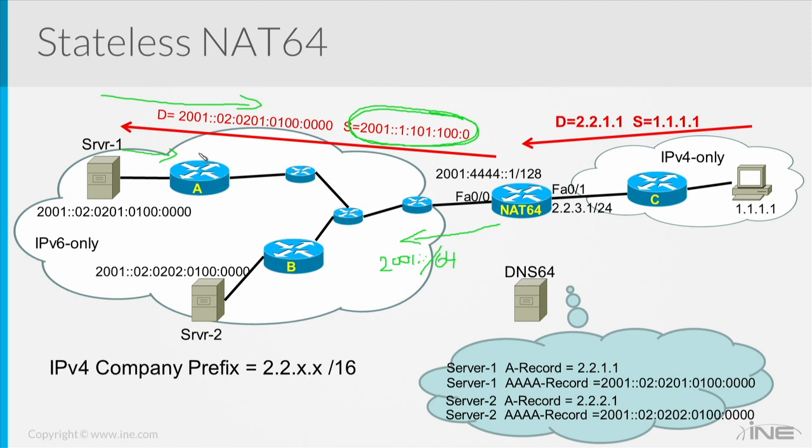So this router says, oh, okay, I know about a whole bunch of /96s. I know about this /96, I know about this /96. But when I get this packet here, that doesn't match those, but it will match this sort of generic, less specific route.